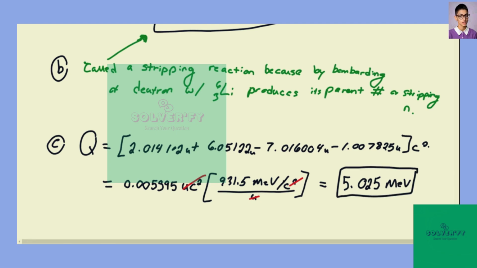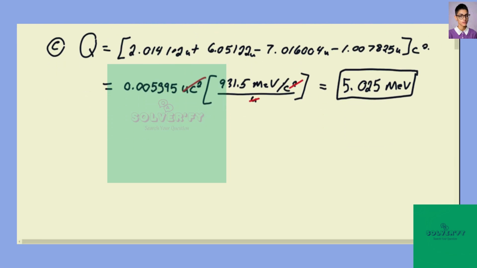We've got to figure out if it's endothermic or exothermic, okay? And let me just write something very simple for you. If it's a positive Q value, then it's going to equal exothermic.